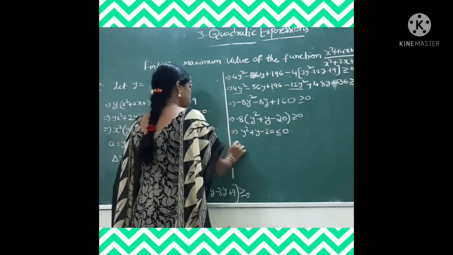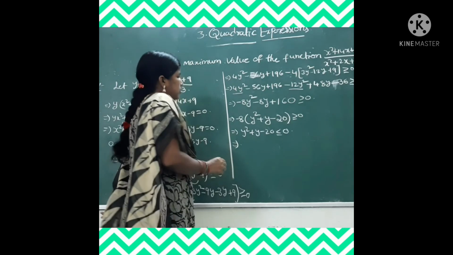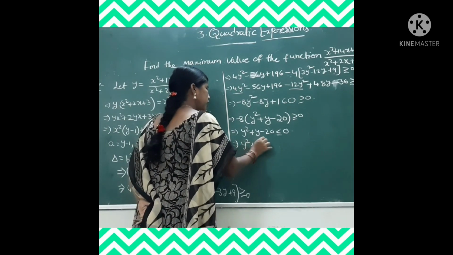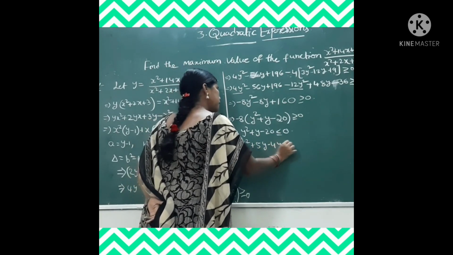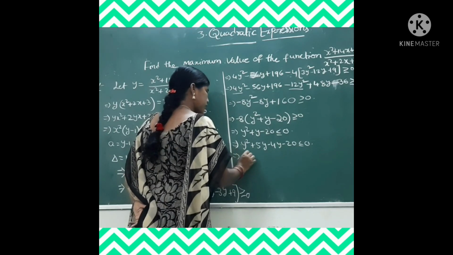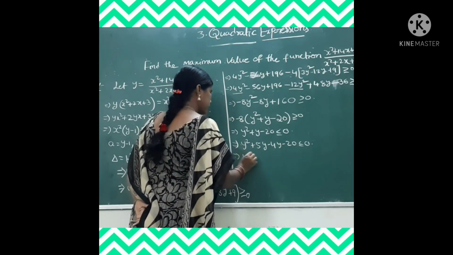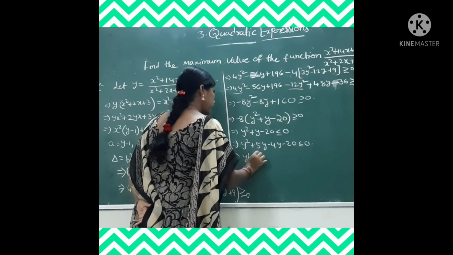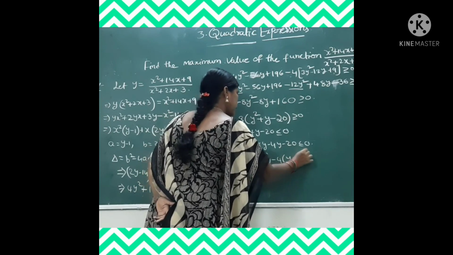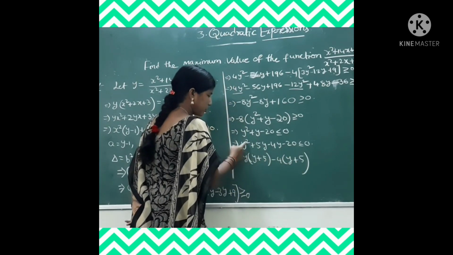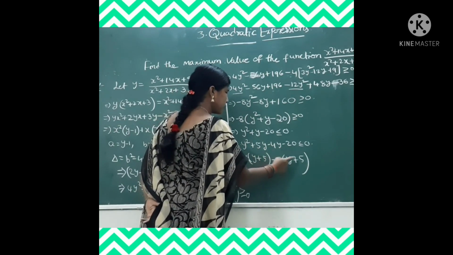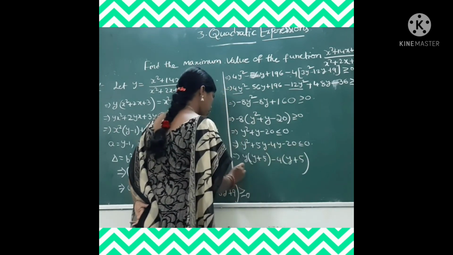That implies y square plus 5y minus 4y minus 20 is greater than or equal to 0. That implies y common: y plus 5, and minus 4 common: y plus 5. See here, y into y is y square, y into 5 is 5y, minus 4 into y is minus 4y, and minus 4 into 5 is minus 20. Okay, understand?